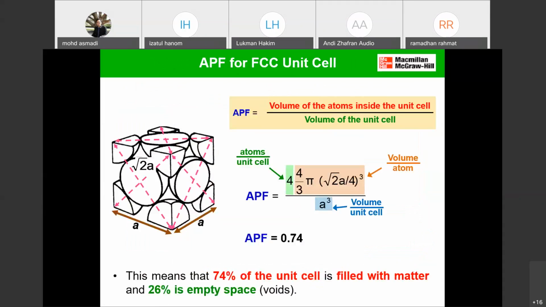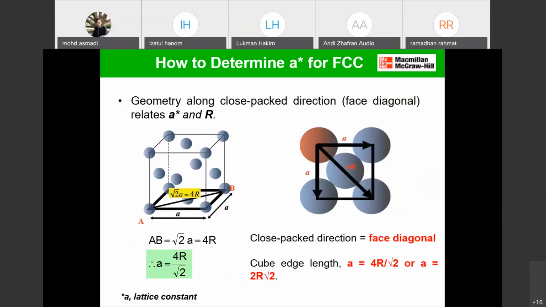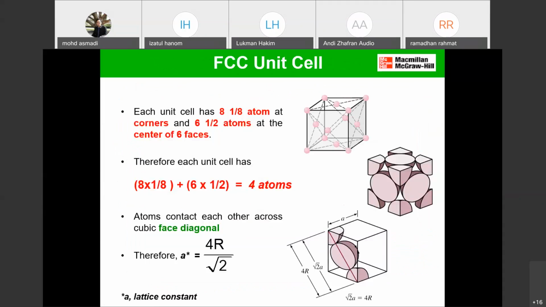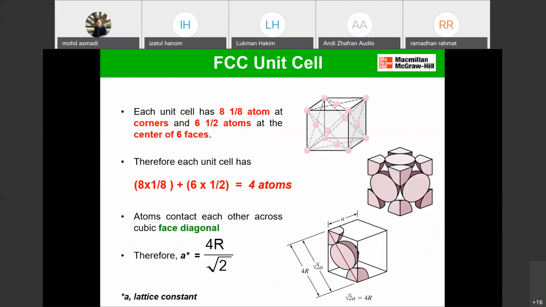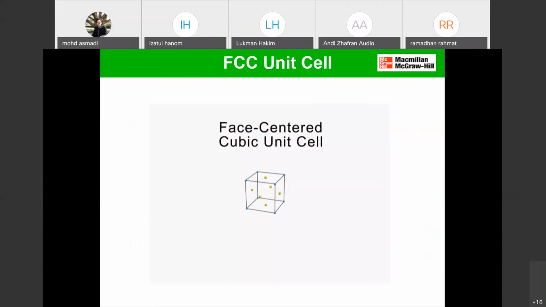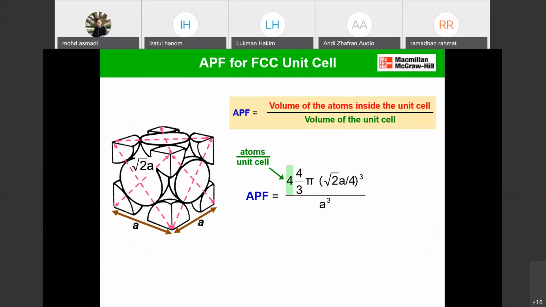If you want to verify, you can just refer here. The FCC crystal structure, with the lattice constant equal to 4R divided by square root 2, with four atoms per unit cell.